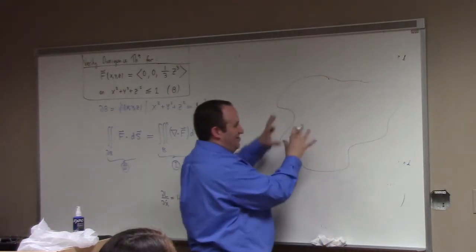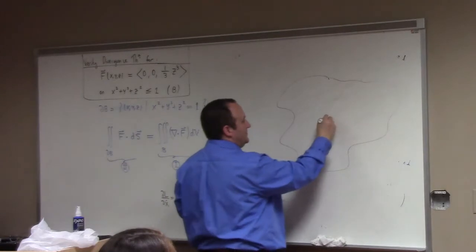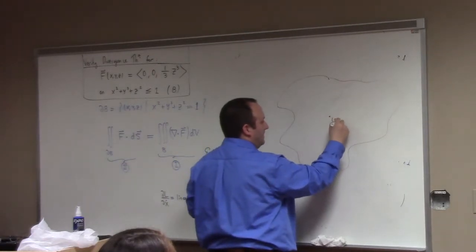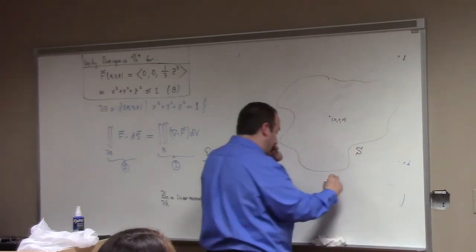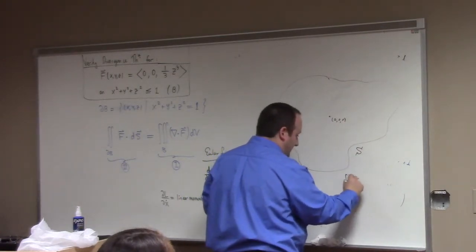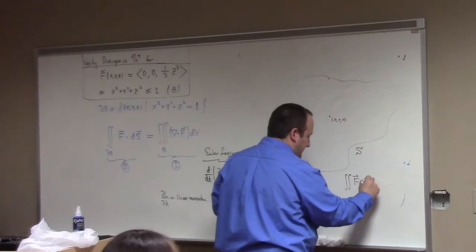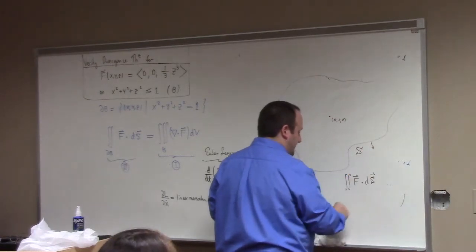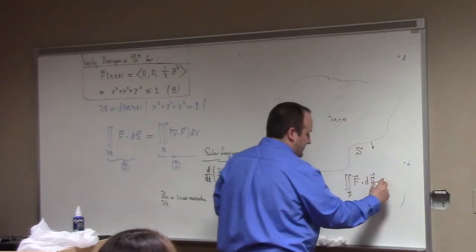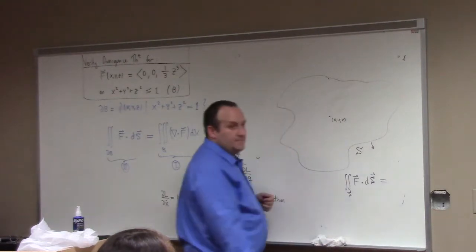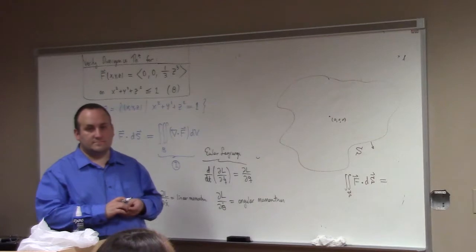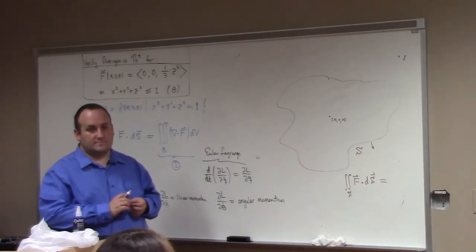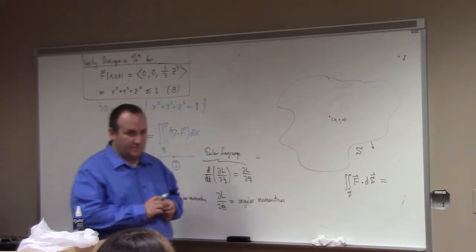Some kind of blob, and here's the origin. You could ask, for that Coulomb field F, what's the flux of F through that surface, outward oriented, of course? The answer would be 4 pi.